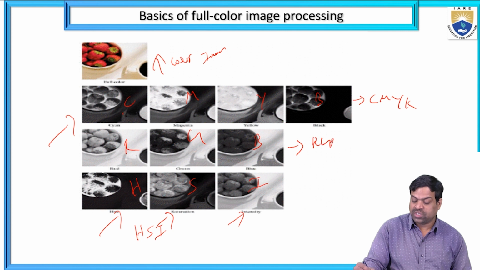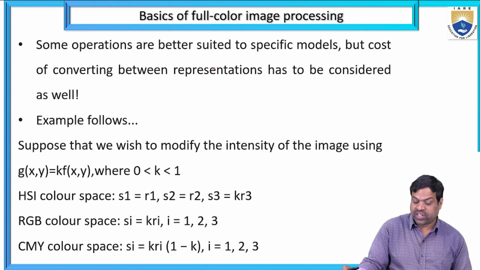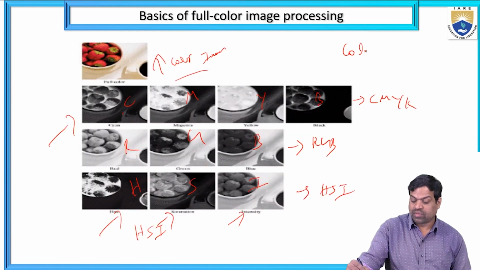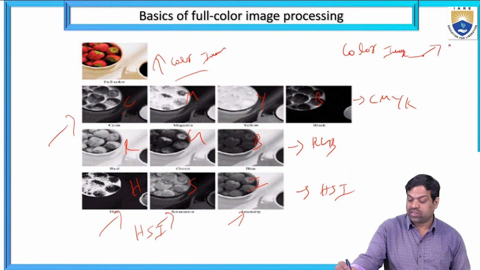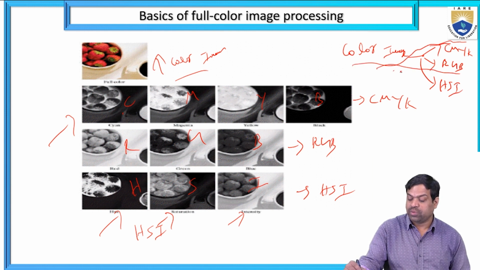So the color image is converted to CMYK, RGB and HSI. Suppose I need CMYK, or RGB, or HSI, you can convert to any of these. It depends on your application. You have to choose from the original image, which is a color image.